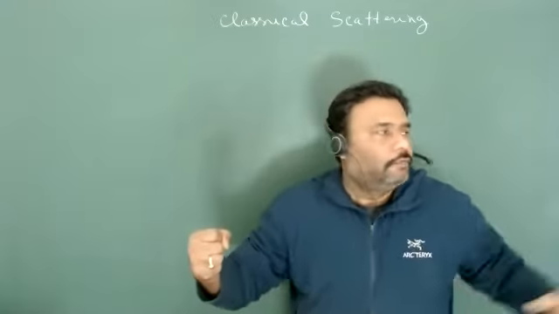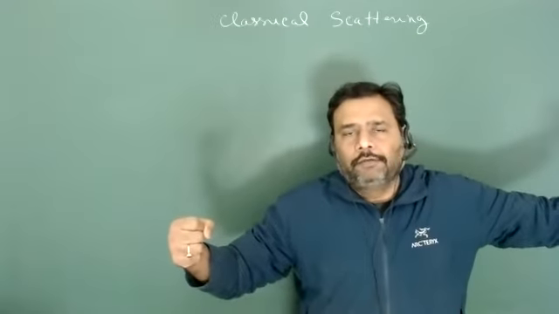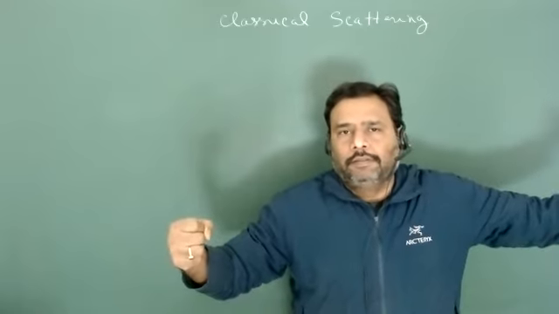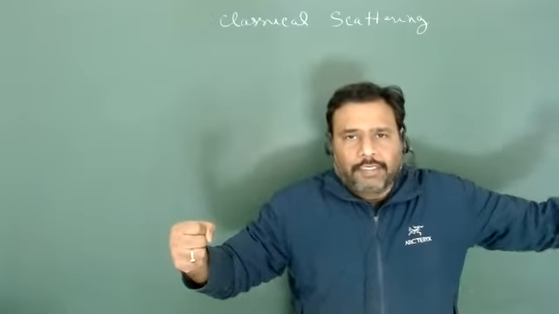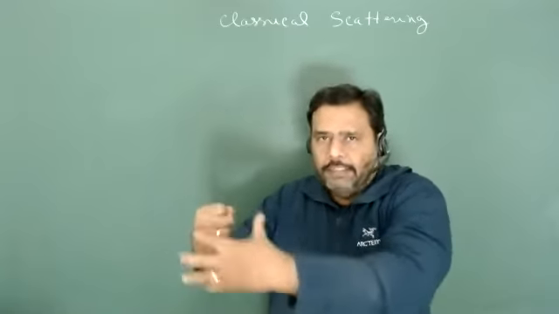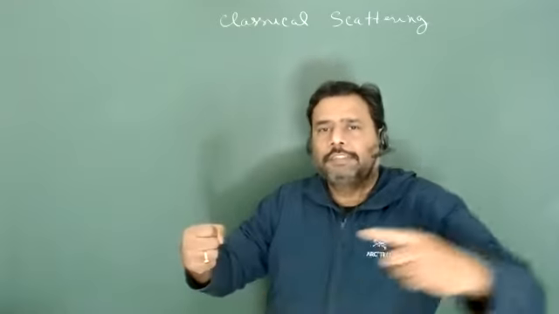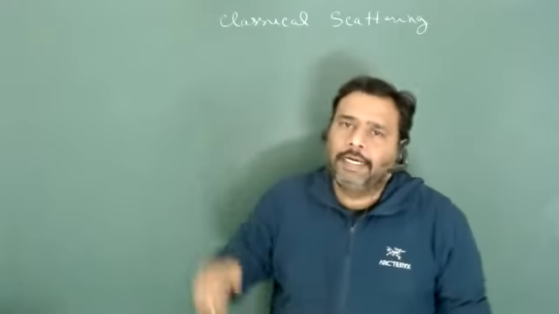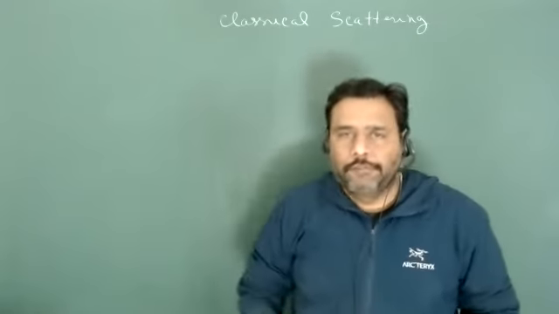And what we will do, we will send a particle from very far away with some energy E. And the particle will come, and as it comes into the range of the influence of this potential, it will deviate from its path, and after that it will again go in a straight line.